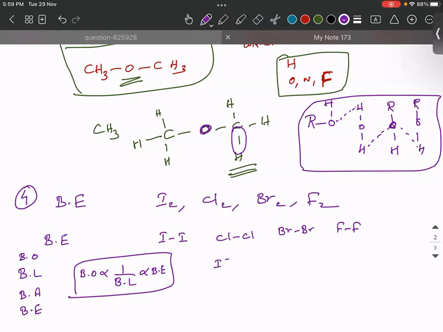Ionization energy, ionic radii or atomic radii, then electron affinity, and then electronegativity. Among fluorine, chlorine, bromine, which is the more electronegative element?